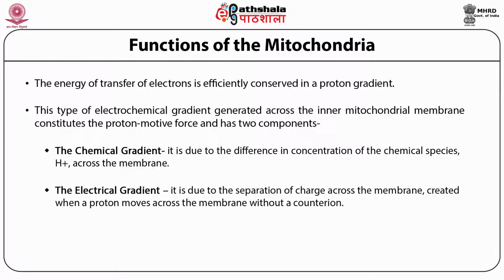It is due to the separation of charge across the membrane created when a proton moves across the membrane without a counter ion. Therefore, the matrix becomes negatively charged and the intermembrane space becomes positively charged.